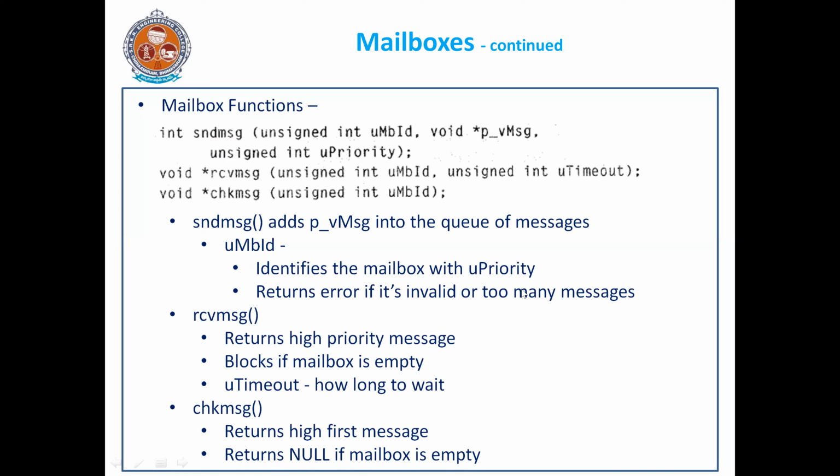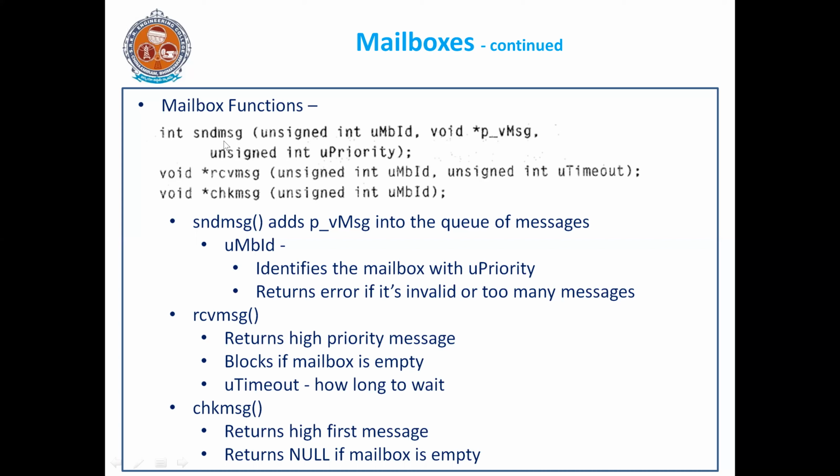This is the message, this identifies the mailbox, that is the mailbox ID, and this is the pointer to the message, and this priority is the priority of the message.